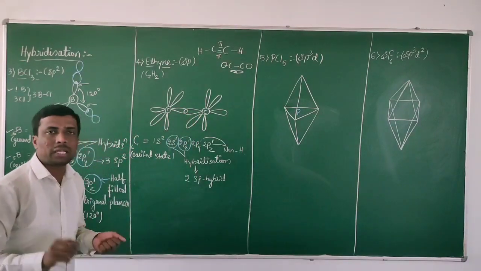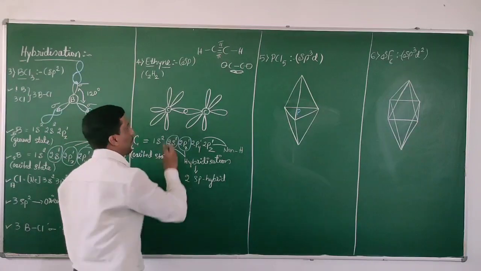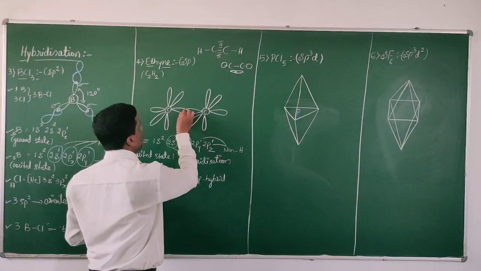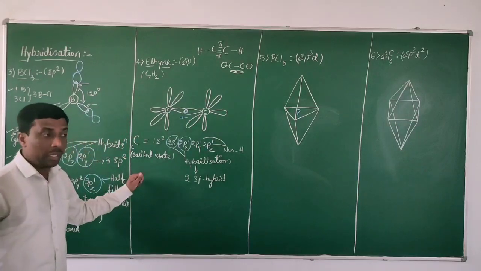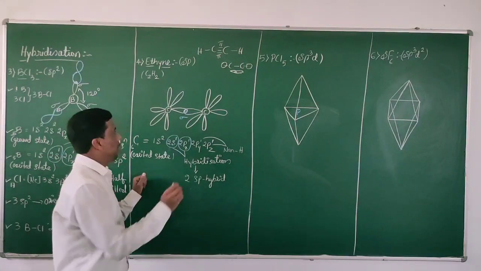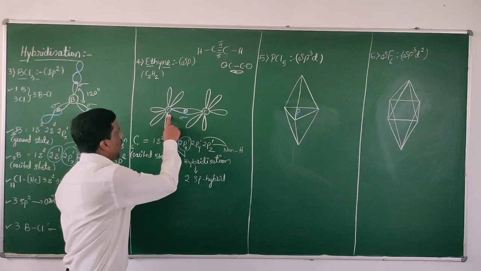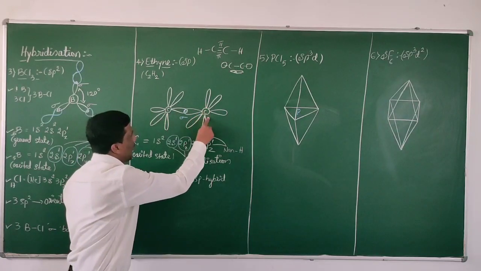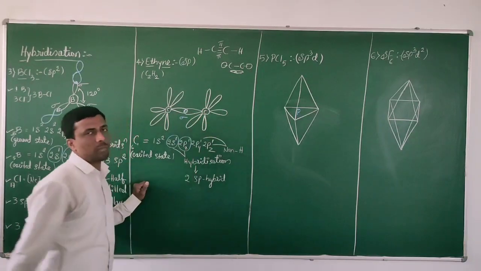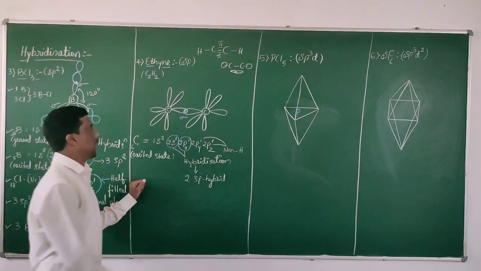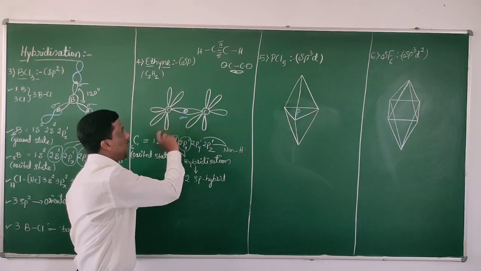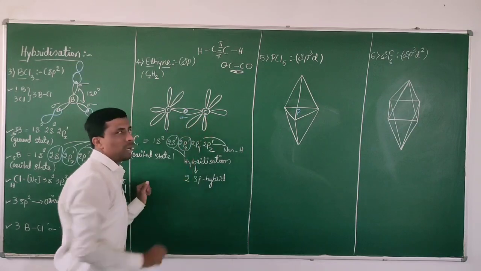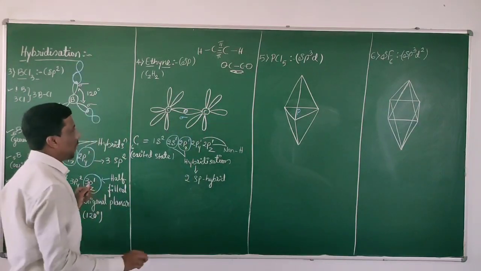Sigma bond means they have overlapped axially. Here axial bond is formed. Axial overlapping is done between the hybrid orbital of this carbon atom and the hybrid orbital of this carbon atom. ಇದರಿಂದ ಒಂದು ಹೈಬ್ರಿಡ್ ಆರ್ಬಿಟಲ್, ಇದರಿಂದ ಒಂದು ಹೈಬ್ರಿಡ್ ಆರ್ಬಿಟಲ್ ಸಿಗ್ಮಾ ಬಾಂಡ್ ನ ಈ ಕಾರ್ಬನ್ ನ ಮಧ್ಯೆ ಫಾರ್ಮೇಷನ್ ಮಾಡ್ತು.